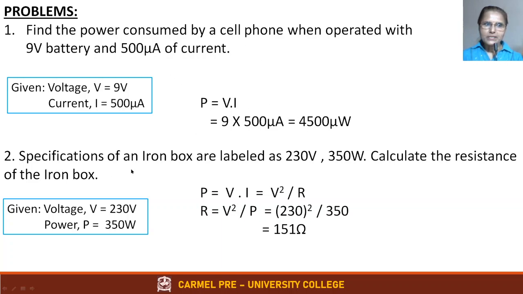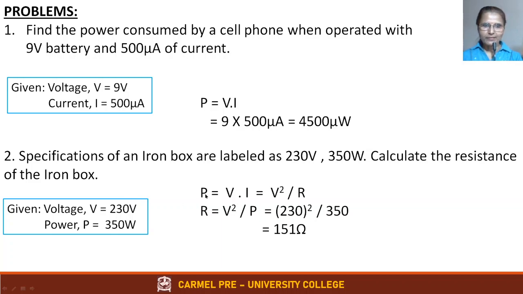Second question, specifications of an iron box are labeled as 230 volts, 350 watts. Calculate the resistance of the iron box. So what is given? Given is voltage as 230 volts and power as 350 watts. We have to find the resistance of the iron box. How are power, voltage, and resistance related?